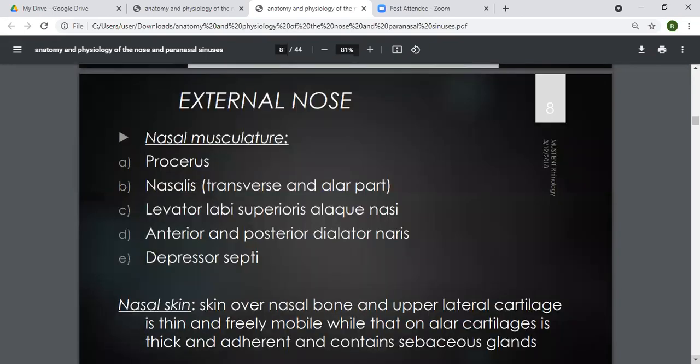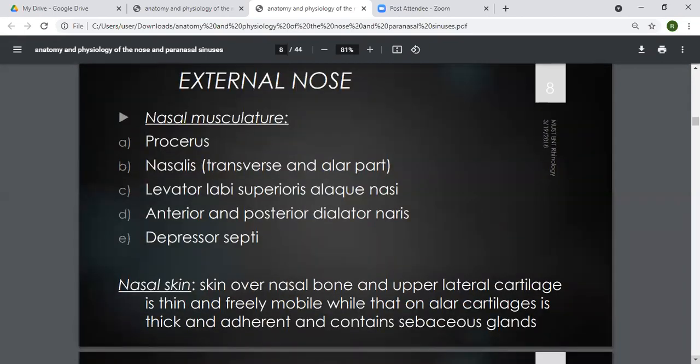So apart from the bony and the cartilaginous part of the external nose, we have the musculature, and this is basically part of the muscles of facial expression. I think in anatomy, you've been able to look at some of these or all of them.